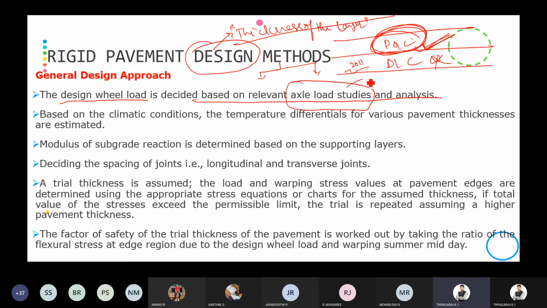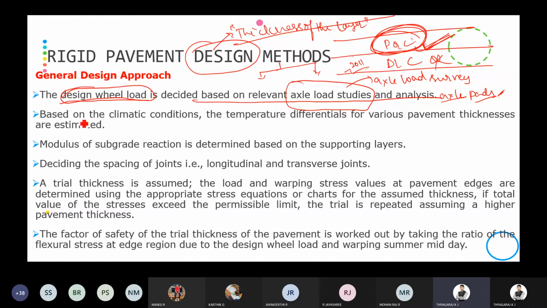So we are going to conduct some axial load survey using axial pads, that is, making the vehicle stand on the axial pad, that is the rear axle of the vehicle, and determining the wheel load of each axle, we are going to consider. And from that axial load survey we are going to get the design wheel load.